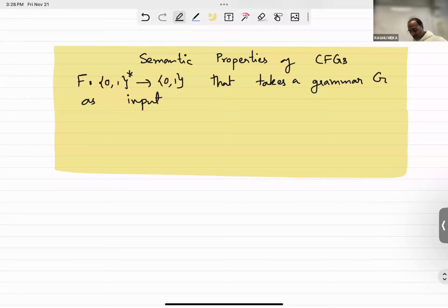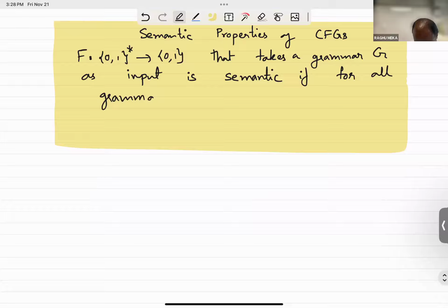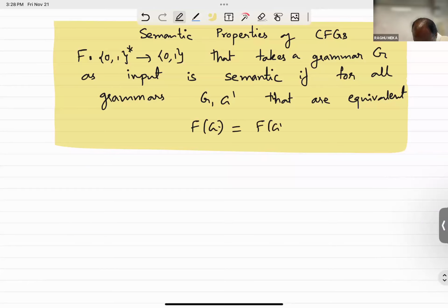So I'm encoding a grammar as input, and the function is semantic, just as for Turing machines, if for all grammars G, G prime that are equivalent, f of G equals f of G prime.